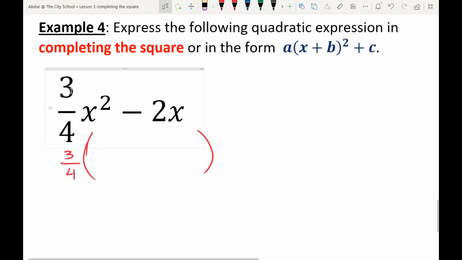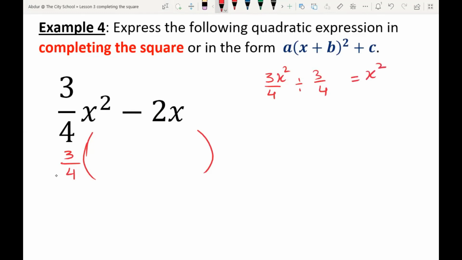The first term, 3 over 4 x square divided by 3 over 4, will be only x square. Write down x square here. And negative 2x divided by 3 over 4, we multiply by 4 over 3.